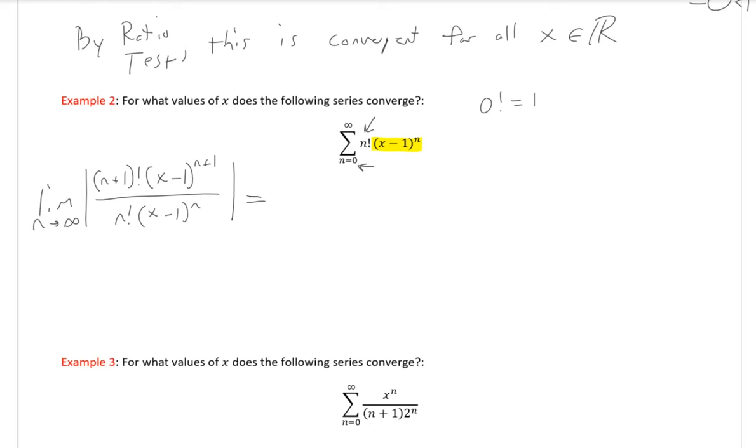With this, a lot of terms will cancel out. The x minus 1 to the n power will cancel out up to n. So we'll have just x minus 1 left over. And likewise, n plus 1 factorial and n factorial just becomes n plus 1. So we have the limit as n approaches infinity of the absolute value of n plus 1 times x minus 1.